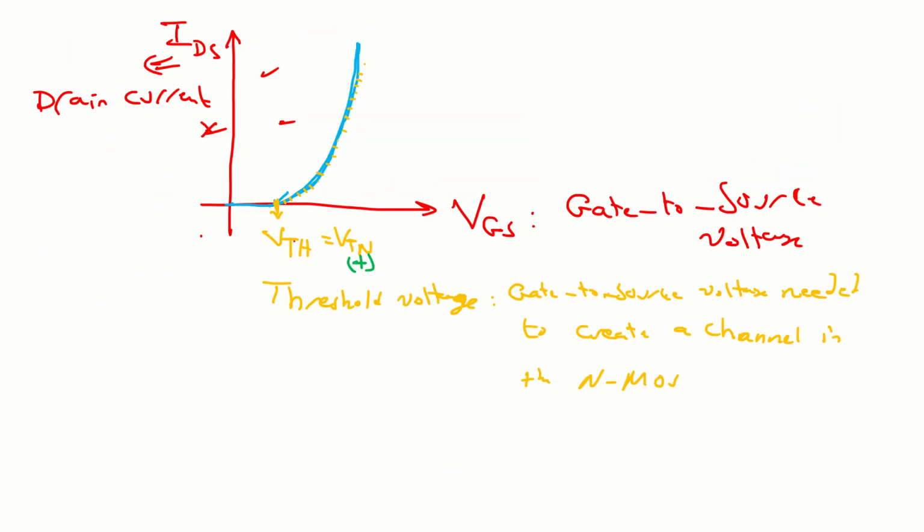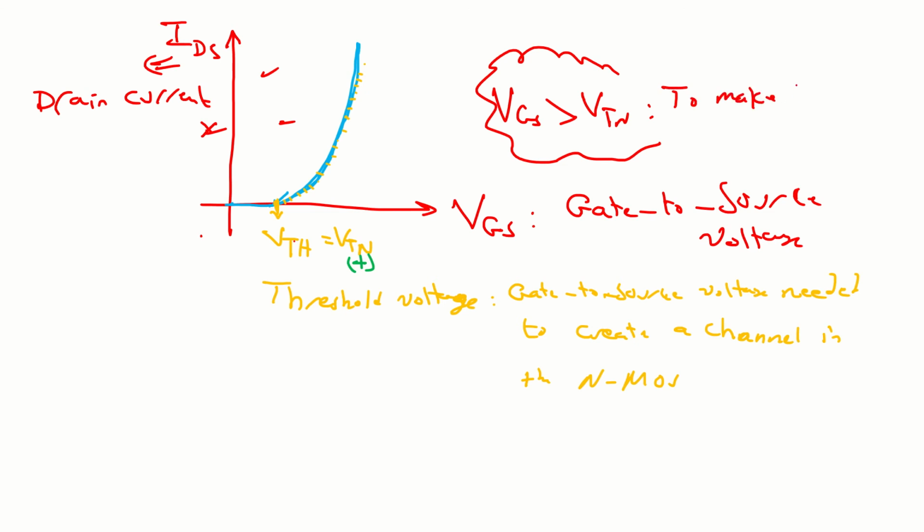Now if I go back again here, VGS should be greater than VTN, okay, to make this device on.